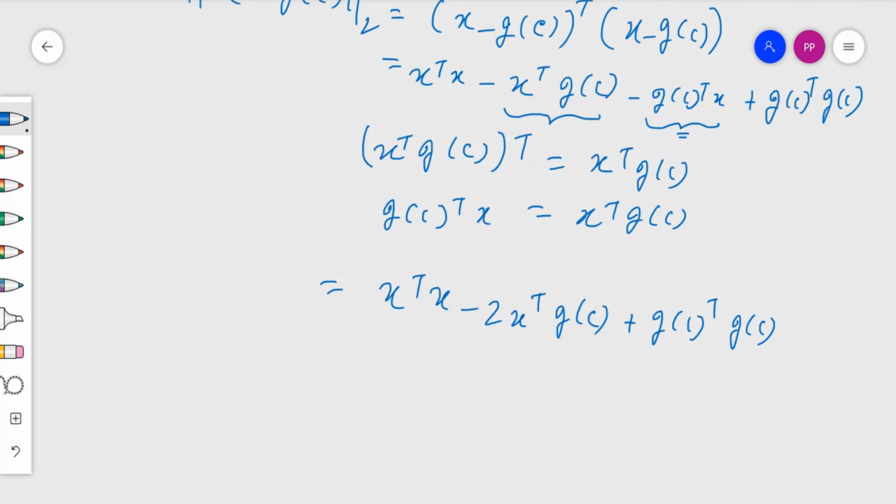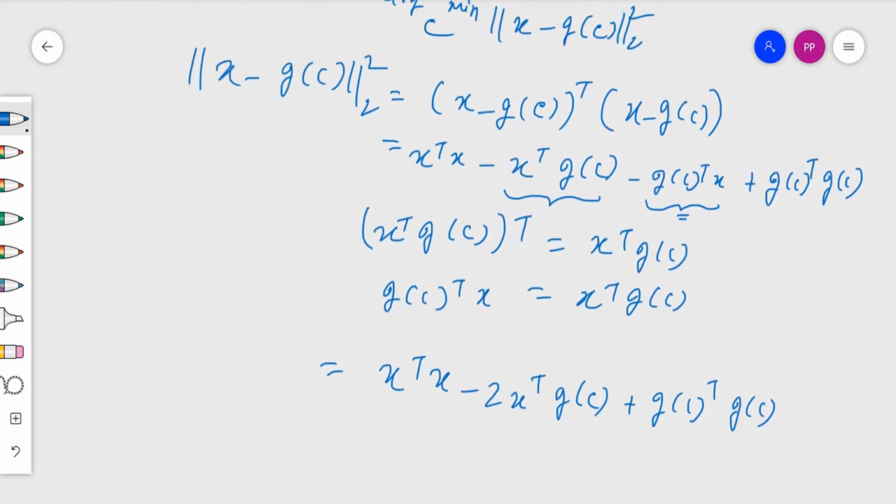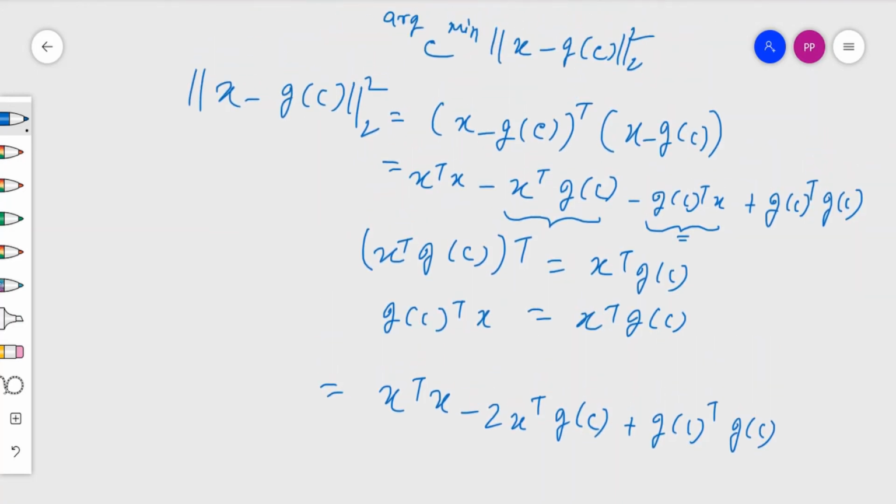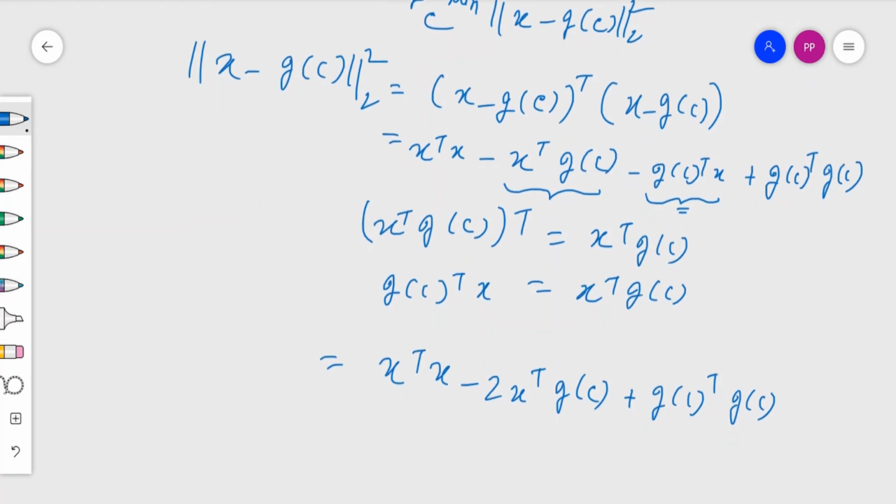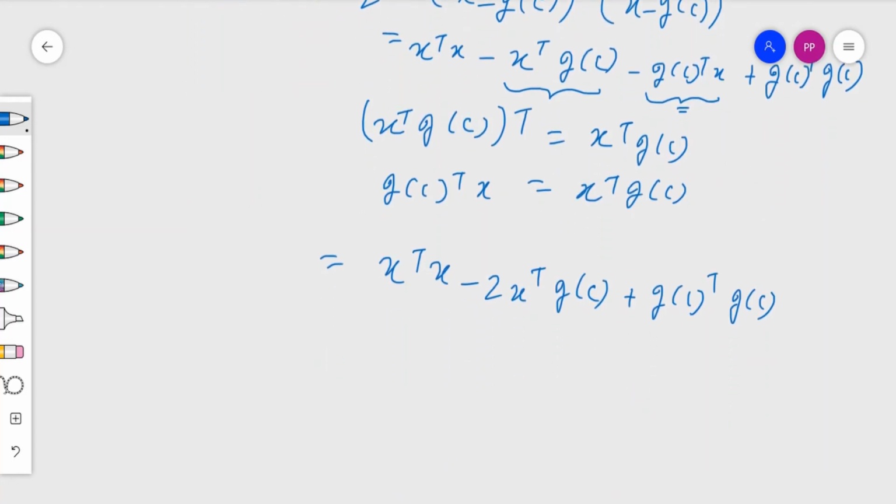But here we can see that when we are trying to minimize the L2 norm of x minus GC over the argument C, this is independent of the first term. X transpose x is independent of C. So if you try to minimize the L2 norm, there is no change in the value due to this first term.